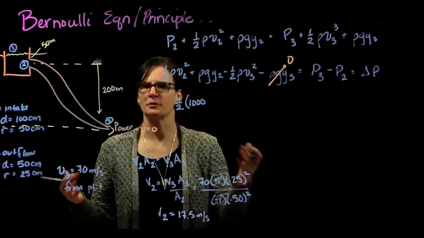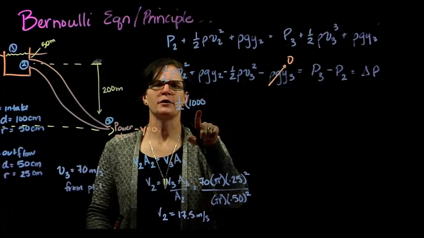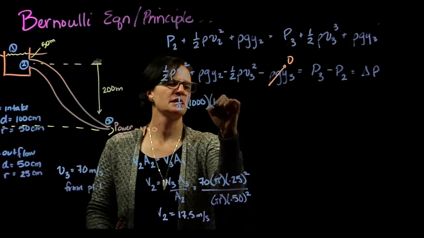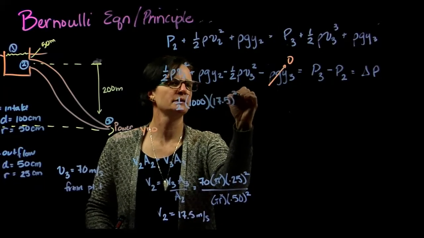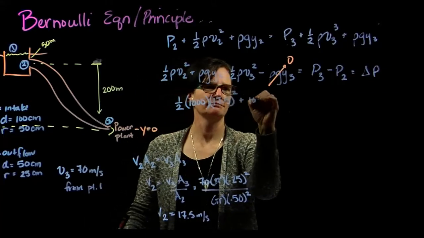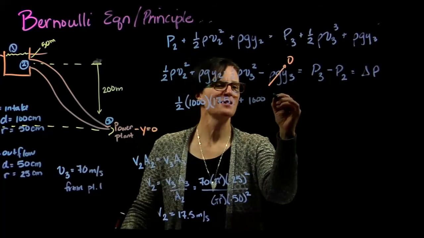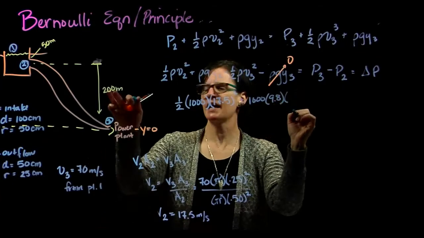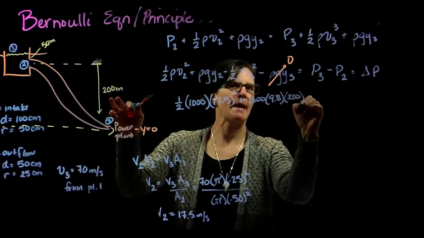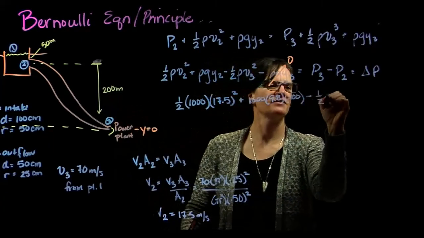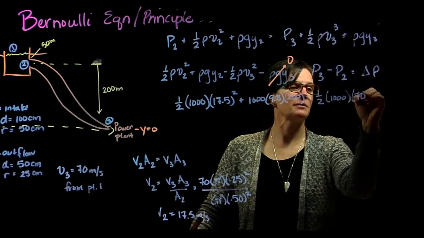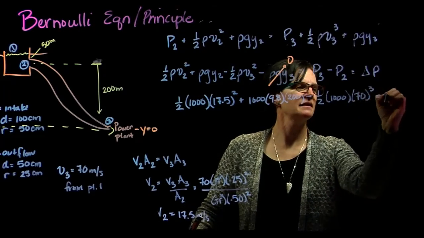Density, mass per volume, kilograms per meter cubed. All right, always go back to your fundamentals. So 1,000, I'm not going to put the units in anyway, times 17.5 squared, plus 1,000 times g, which we know is 9.8, times the height of 200, minus 1/2 times 1,000 times the speed at 3, which we know is 70.